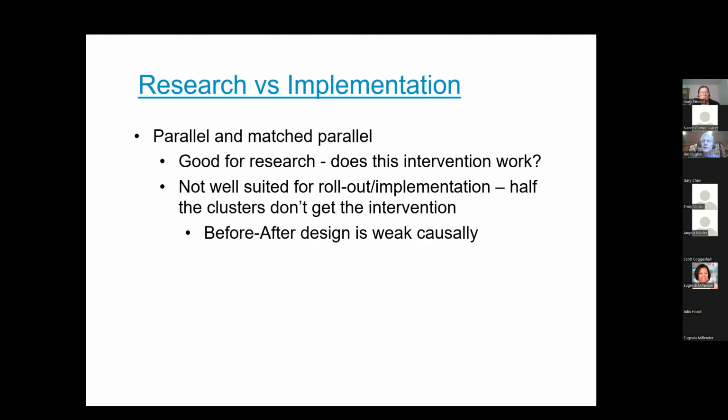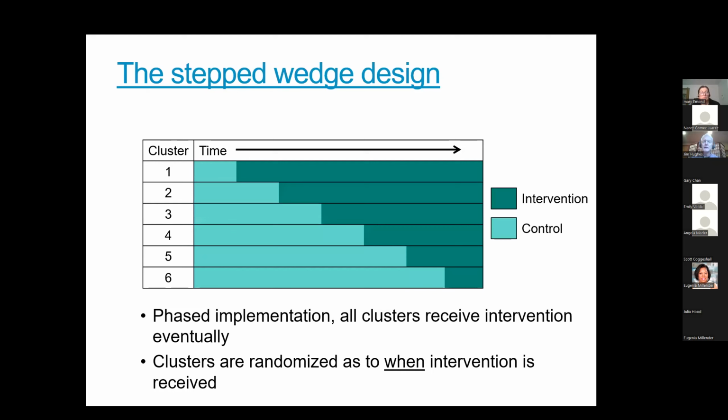But that can be sort of weak causally, because clearly the introduction of the intervention is completely confounded with any underlying time trends in the disease. So if you see a change when the intervention is introduced, is it truly because of the intervention or other factors?